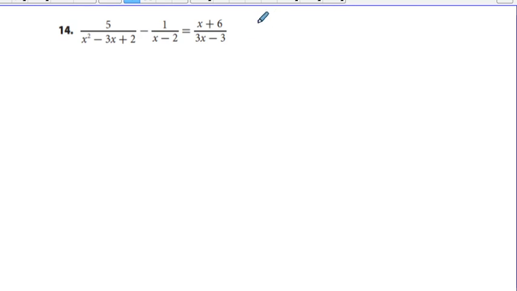We have x squared minus 3x plus 2. And what are the factors of that? Well, we're going to have x minus 2 and x minus 1.